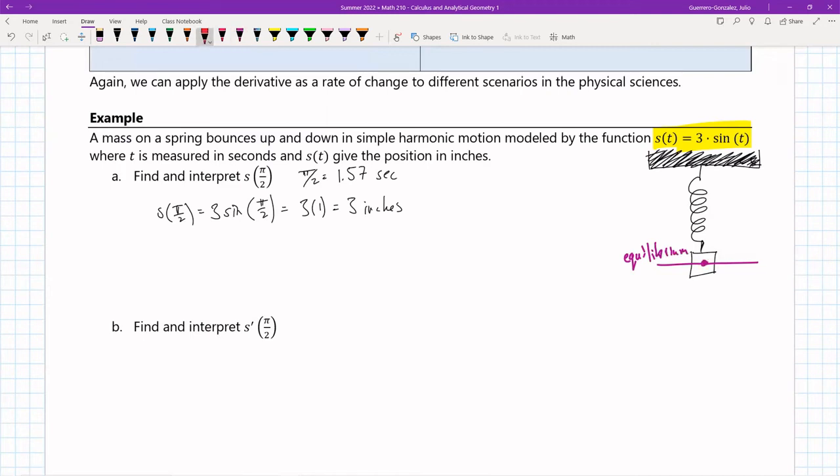And in physics, if it's positive, it moved up that way, and if it's negative, it's down below the point of equilibrium. Since this is positive, we know it's somewhere up here. So this says at t equal to pi over 2 seconds, the mass is 3 inches above equilibrium.